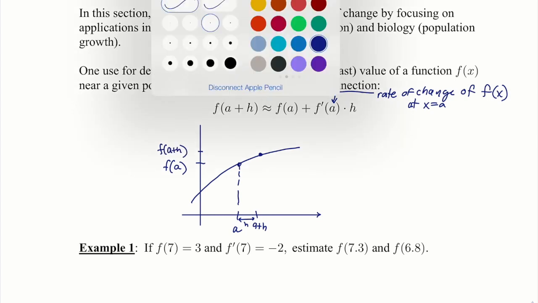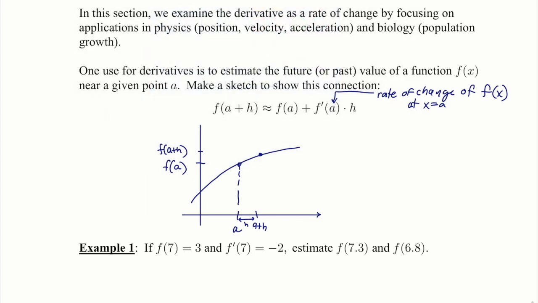But what we're trying to do, instead of using f of a plus h, we're saying we could approximate that by taking f of a, which was this y value, and adding to it the derivative times h.